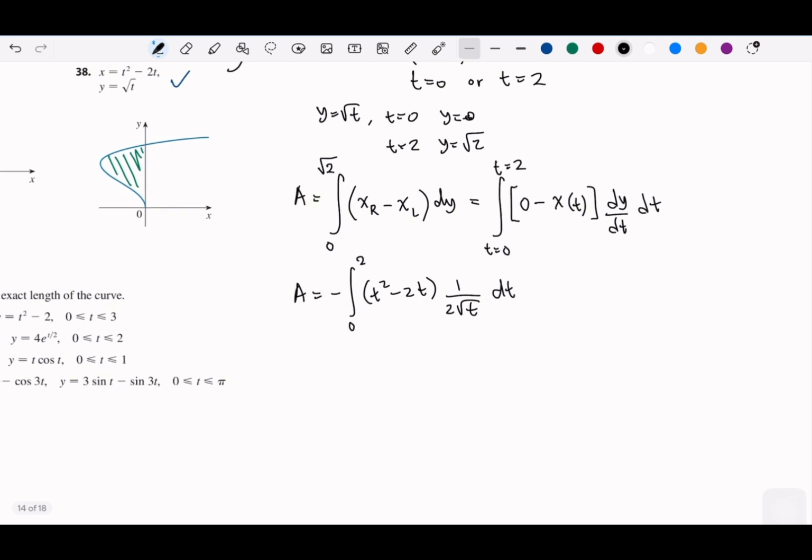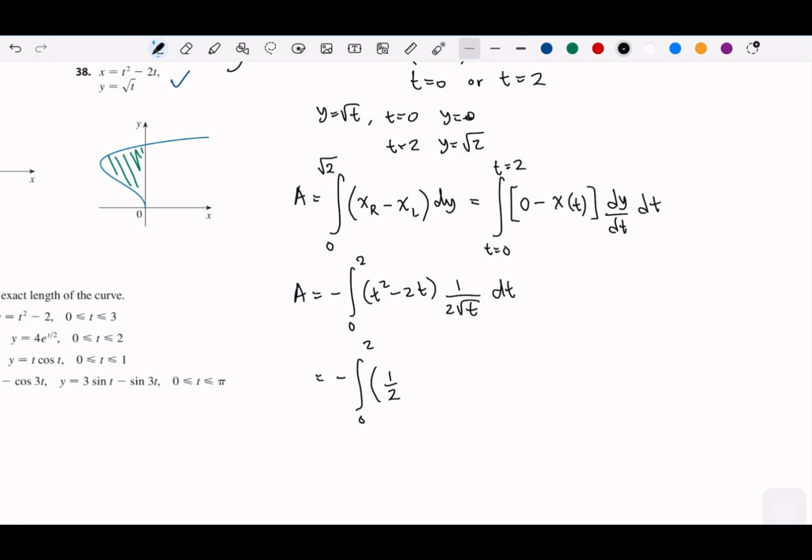So I think I will move the half inside. 2 minus half.